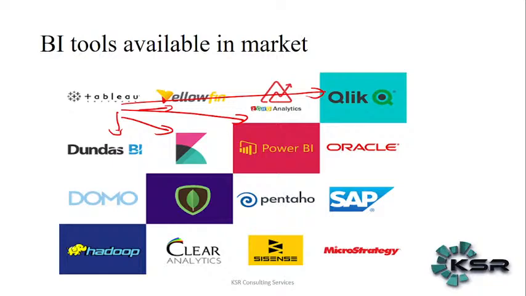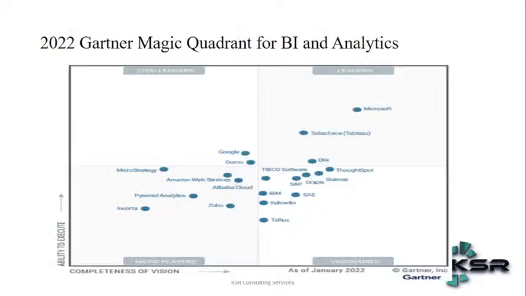It's like the IPL where you play a round robin. Every team plays with every other team to judge which is the best team. There can be only one championship. Similarly, there is always a challenge going on between the comparisons, and the Gartner company has come up with the ranking system where, in the leaders tab, Microsoft's Power BI is on top.